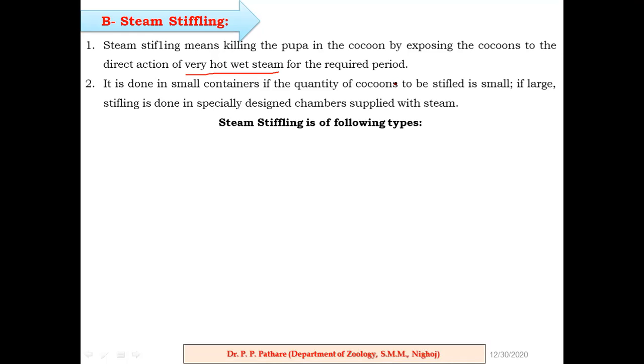This is another method of killing the pupa inside the cocoon, but here you need a proper chamber or small machinery that can produce hot wet steam of water, and this steam is released so that your cocoon will be exposed inside hot steam, and this will kill the pupa inside the cocoon.